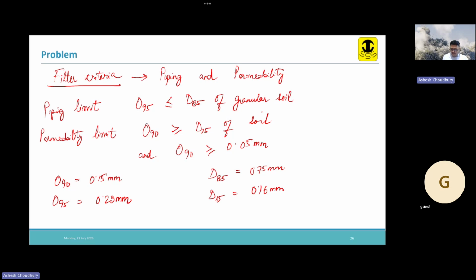So whether this geotextile can be used as a filter or not, you decide now. Is O95 less than or equal to D85? Yes, it is less. Is O90 greater than D15? Is O90 greater than 0.05? Yes, it is. So can we use it?